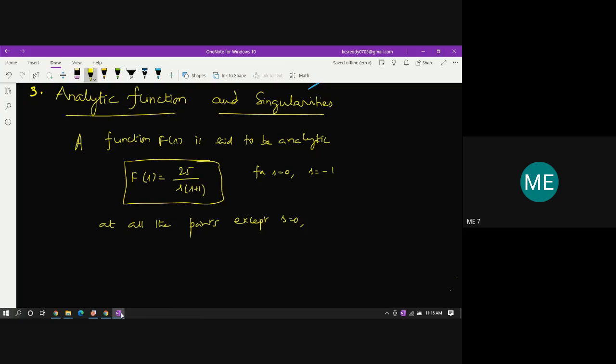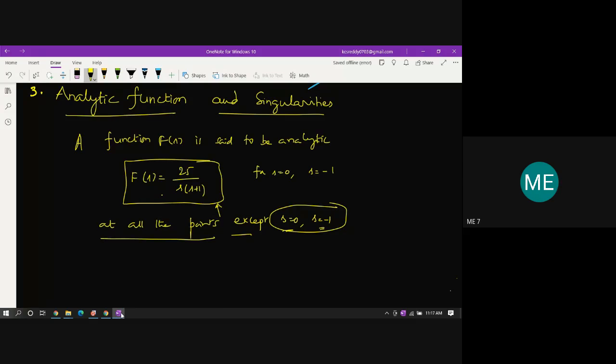Because at s equal to 0 and s equal to minus 1, this function gives infinite values. If a function is to be analytic, it has to give a finite value at that particular point. So at s equal to 0 and s equal to minus 1, f of s becomes infinite, so it will not be analytic at these 2 points, and at all the remaining points it will be analytic.